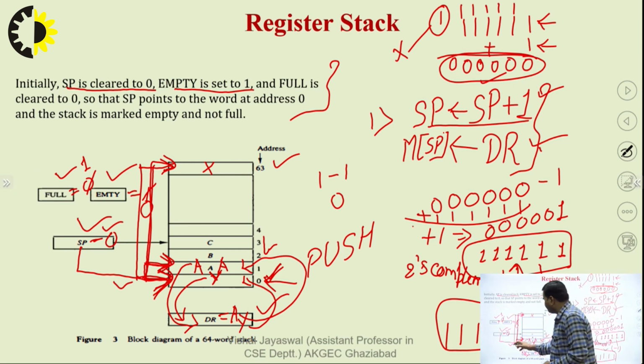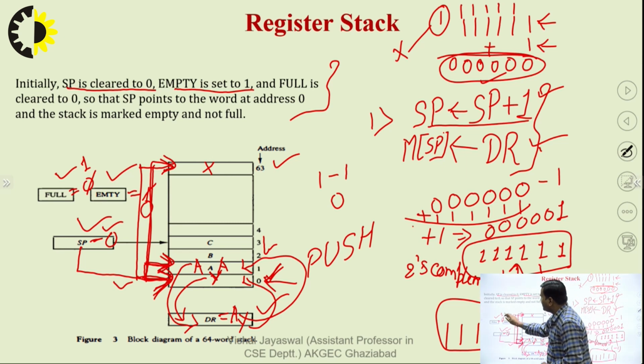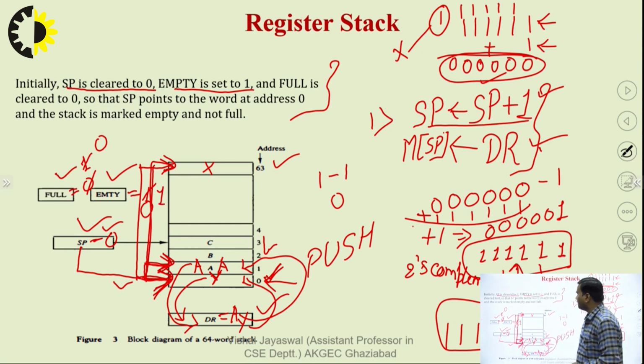Then again, if we popped an item from the stack, then this value is set to 0 and this value is set to 1.